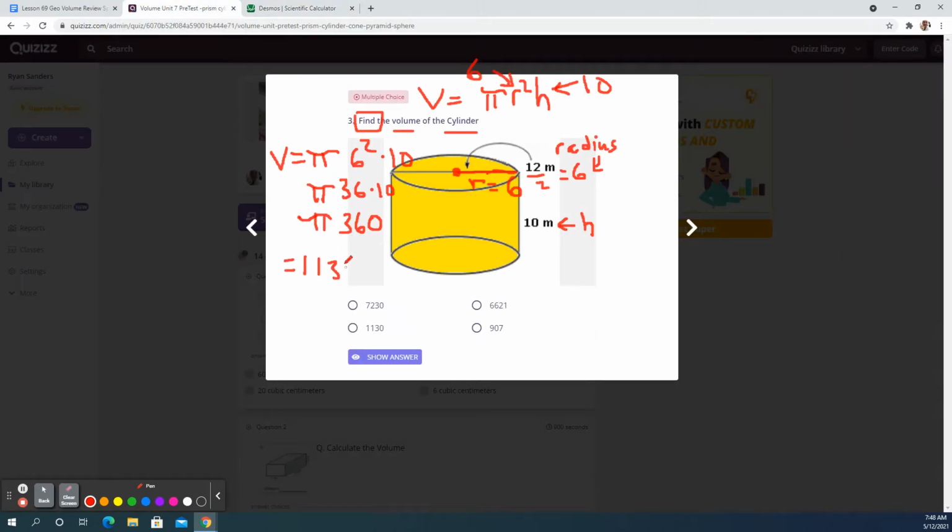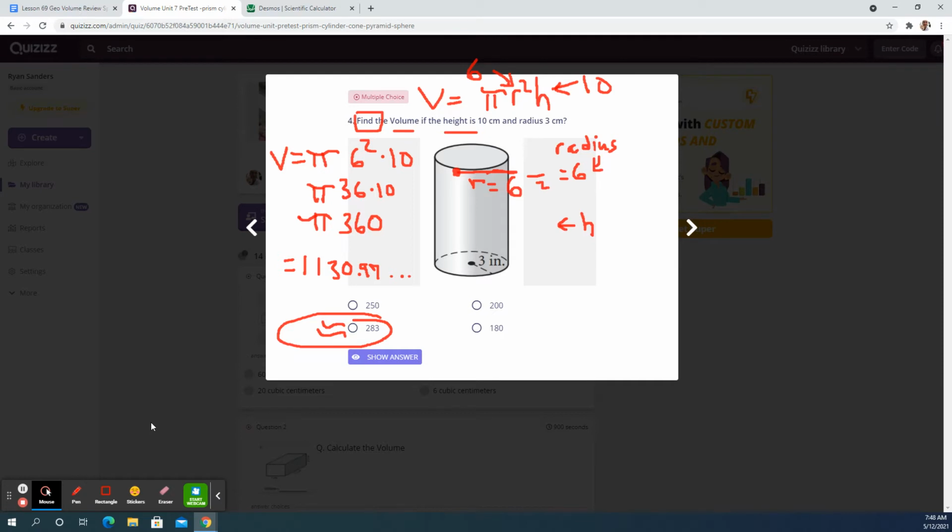It goes on forever. Which one of these is approximate? So that would be the approximate one there. They rounded without telling us. They also left the units off on that one. That's okay.